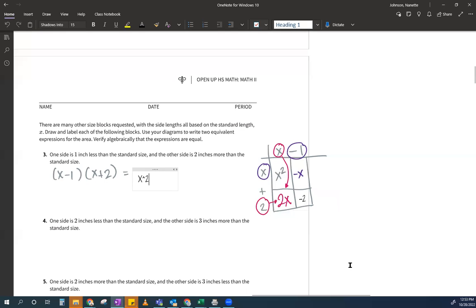What else do I have? Okay, and then I got plus 2x, sure, plus 2x. And then I got this minus x, very good. And then I got minus 2.